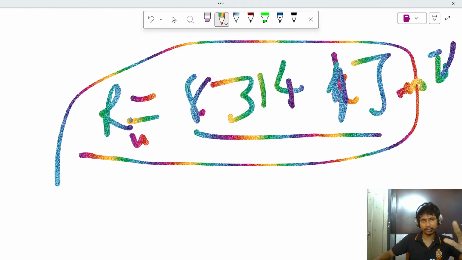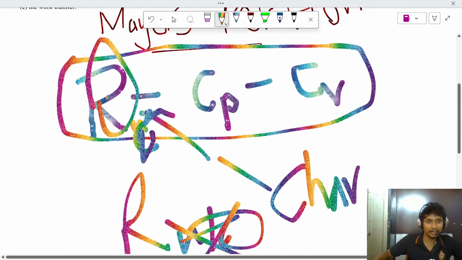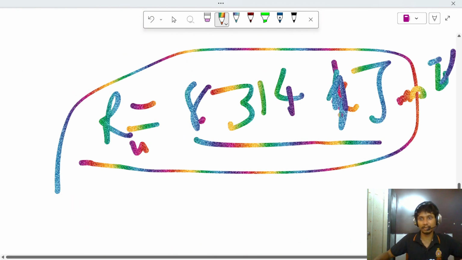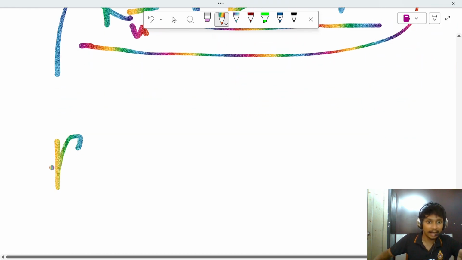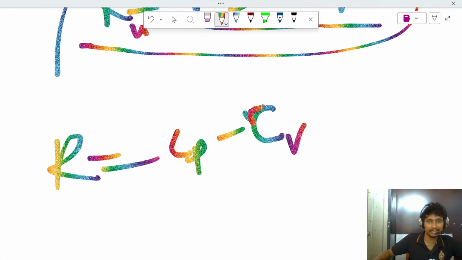This is RU, which we use for the ideal case. Don't substitute this number for R. This R is not 8.314 joule mole minus 1 Kelvin minus 1. That R is equal to Cp minus Cv. This is Mayer's relation.